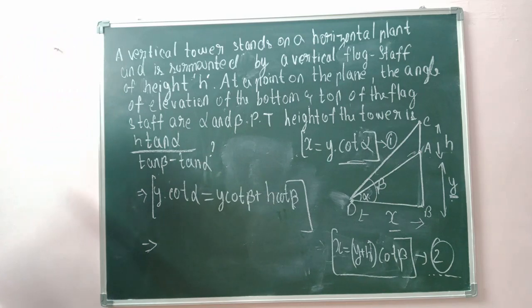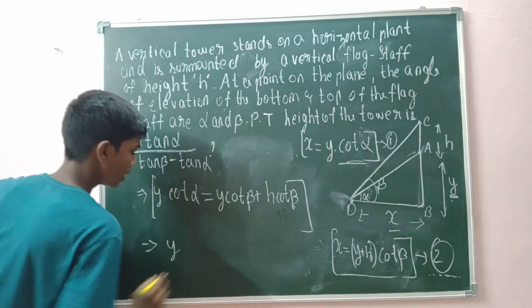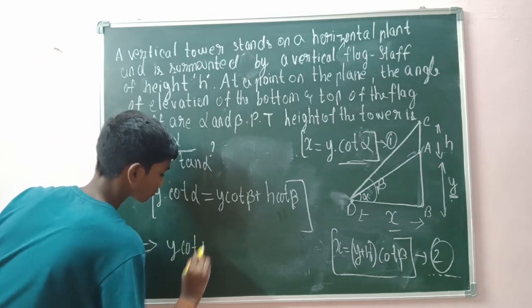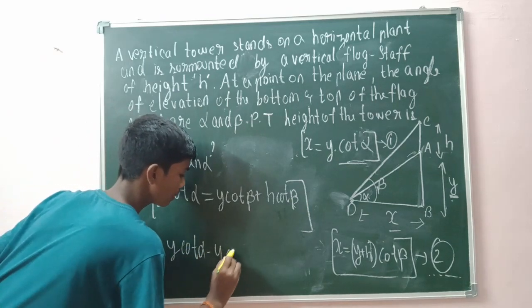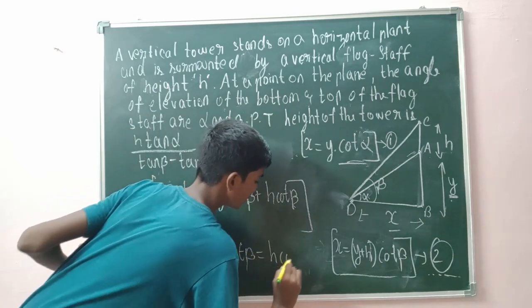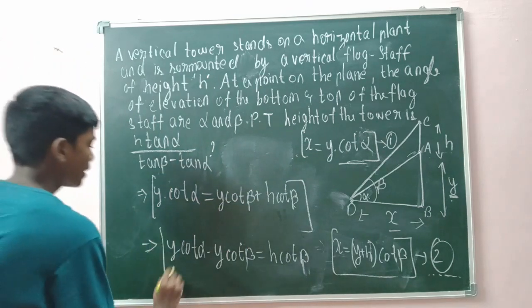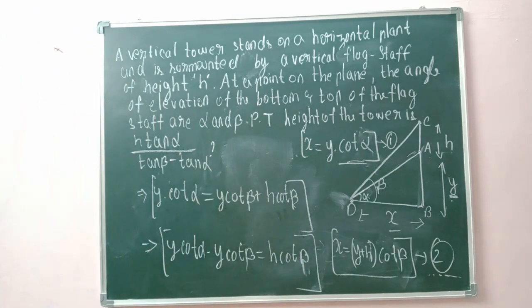Now what I am going to do is take this y cot beta to this side. Therefore, y times cot alpha minus y cot beta will be equal to h cot beta. Am I correct or not? So this is what you will get.